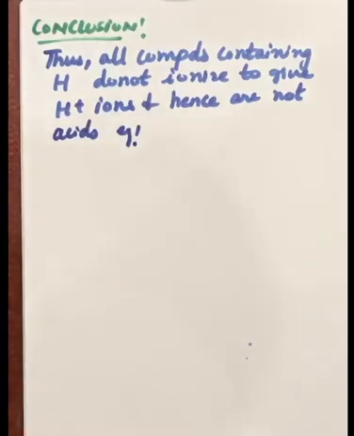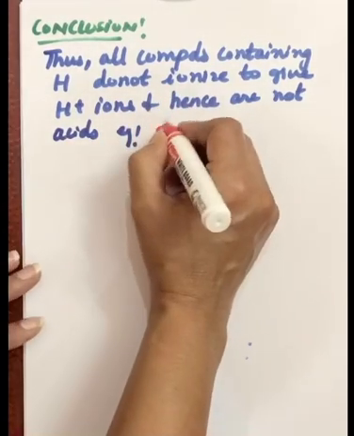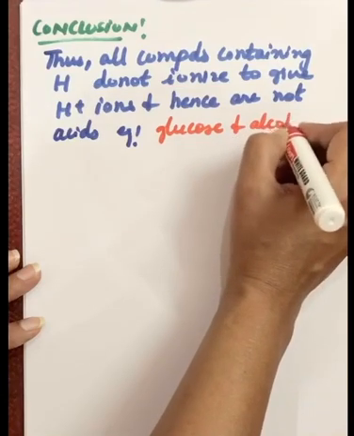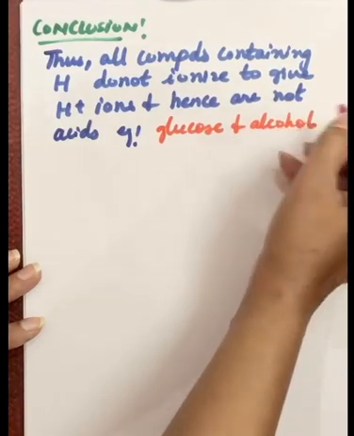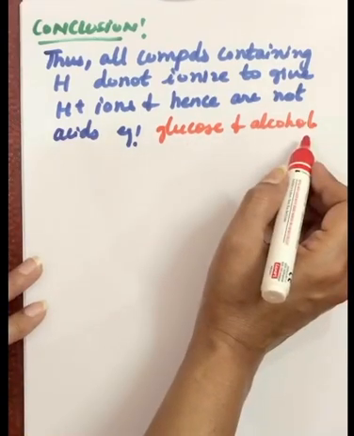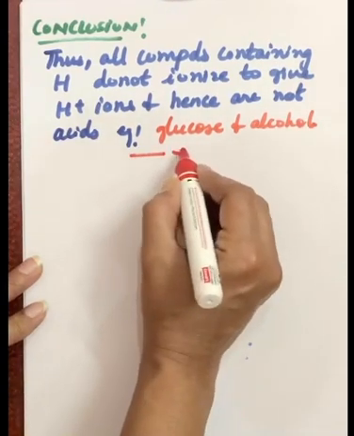Example, like we have done now, glucose and alcohol have hydrogen, but these 2 are not acids. So this is about this activity.